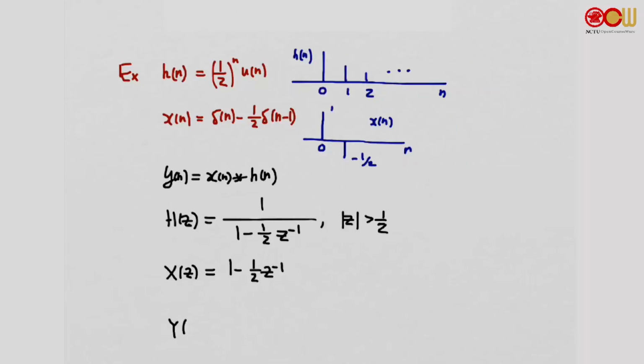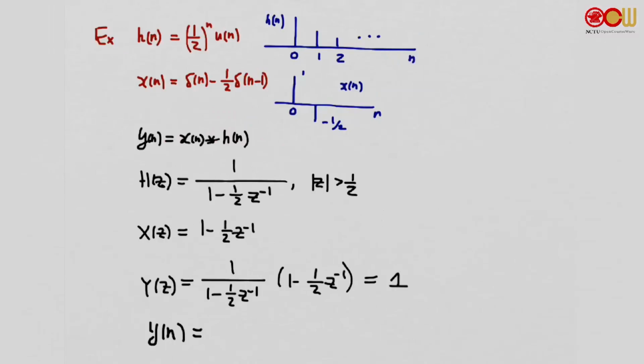Y is the product of the two. So we have H and then X. And one thing that happened is these two cancel out and become 1. A Z-transform that's equal to 1, what is y[n] in this case? It would be delta[n]. And the region of convergence is the whole Z-plane.